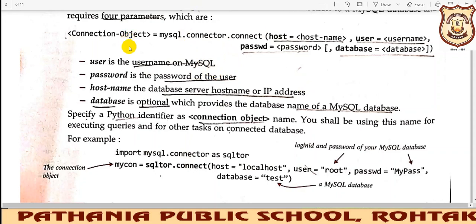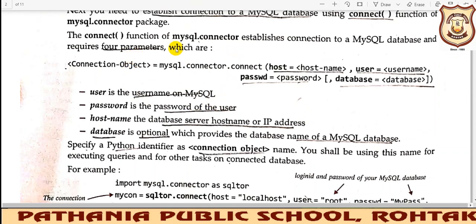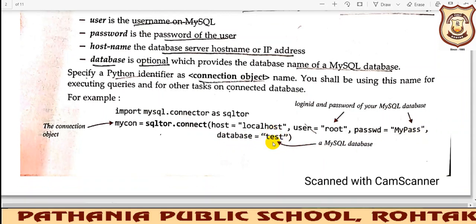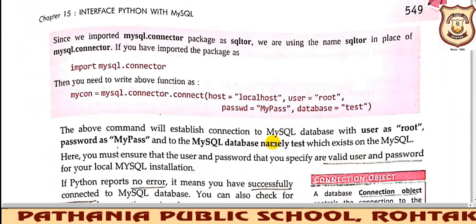Fine. So in the third step, we are going to create a connection with the help of this connect function, and it requires four parameters. One is your host, second is your user, third is your password, and fourth is your database. Host value will always be localhost, user will be root only, password will be the password that you enter to get into your MySQL database, and database value will be the one you need to use to create the connection with Python.